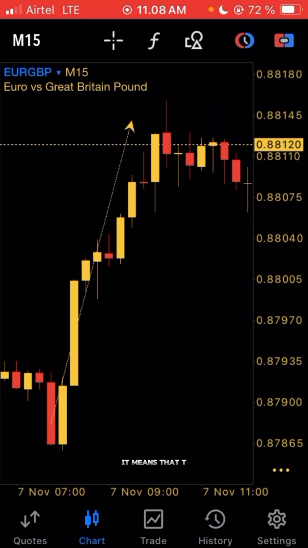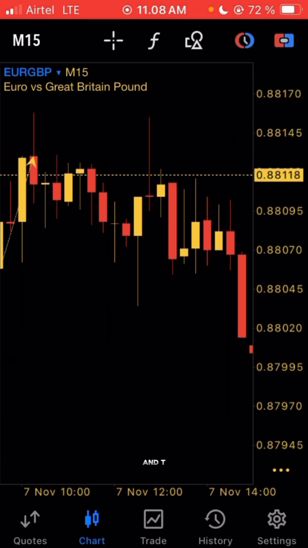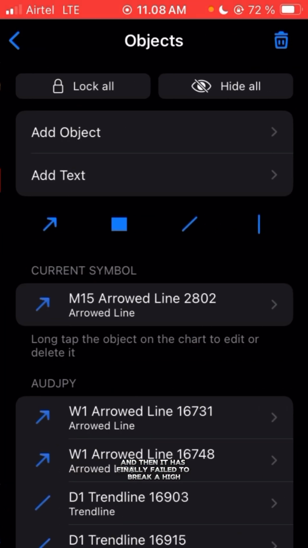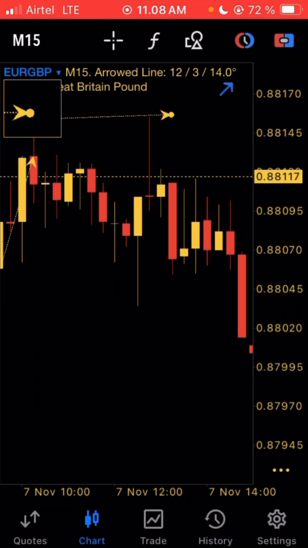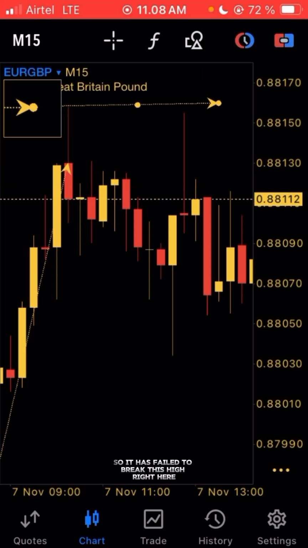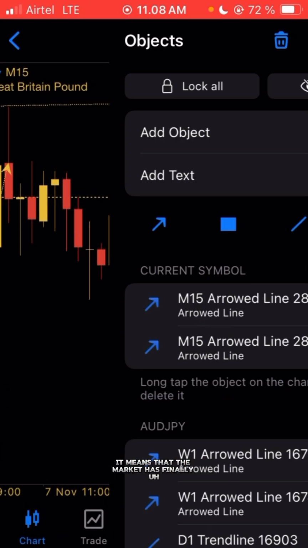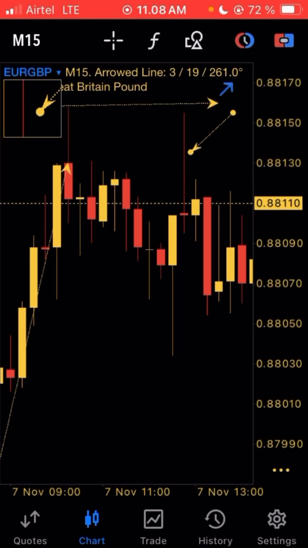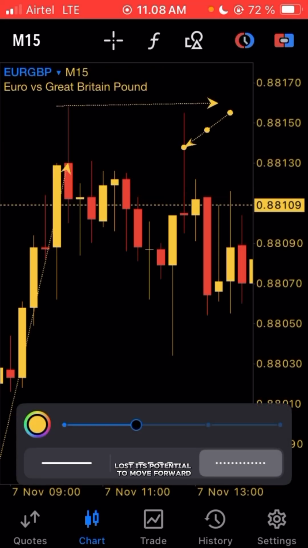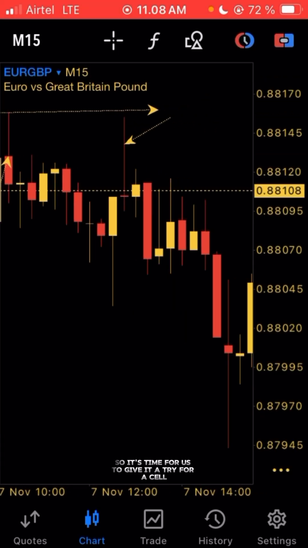But this second strategy is actually using the momentum shift. And what does it mean? It means that the market has given us a push right here, as you guys can see, and then it has finally failed to break a high. So it has failed to break this high right here. What does it mean? It means that the market has finally lost its potential to move forward. So it's time for us to give it a try for a sell.